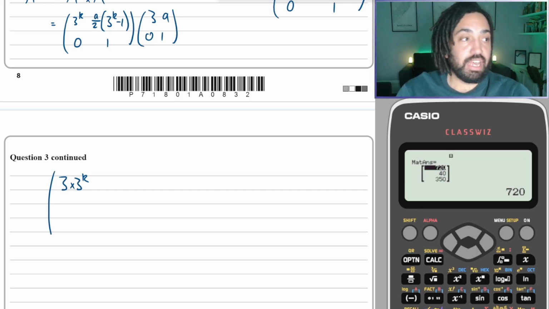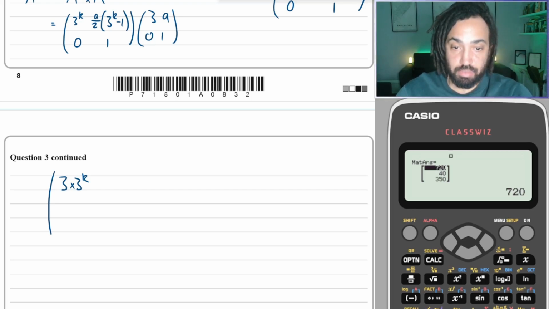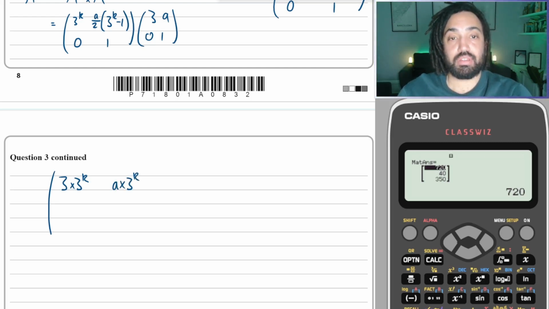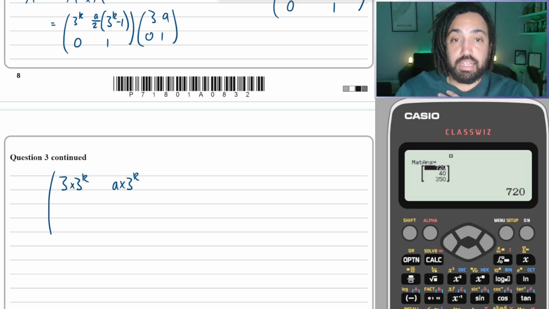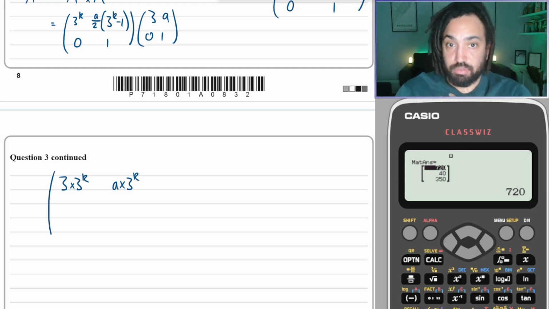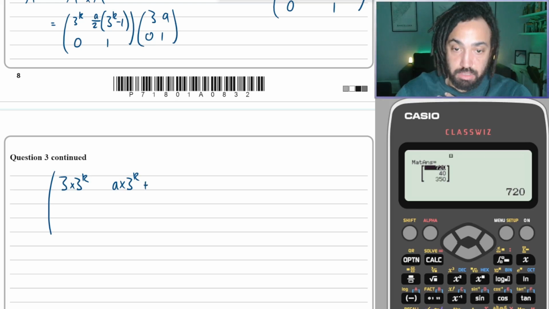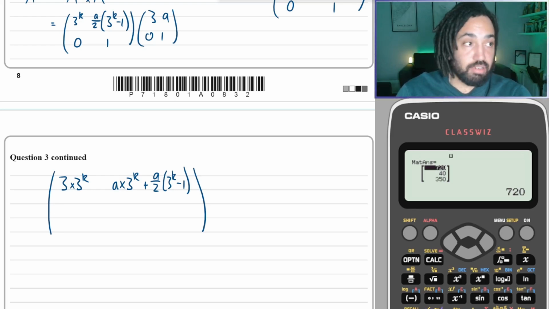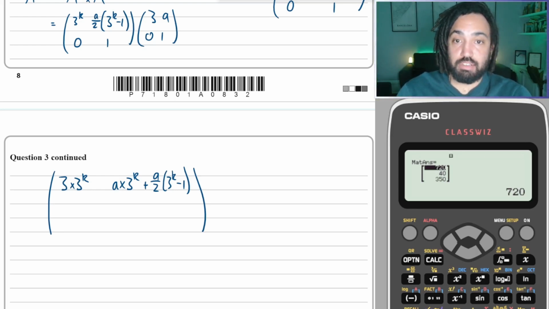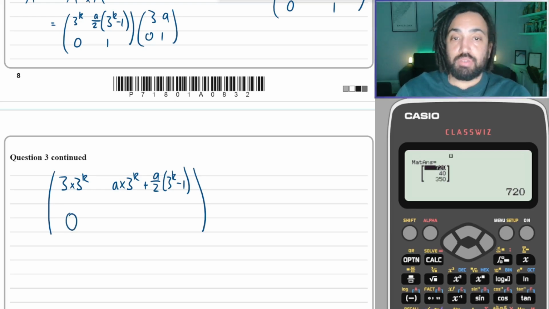So that would be 3^k times a, so that will be a times 3^k, and then the next part will be this a/2(3^k - 1) times 1, which we'll add on. Bottom left is 0 times 3, which is 0, and then 1 times 0 is also 0. Bottom right is 0 times a, and 1 times 1, so that's just 1.